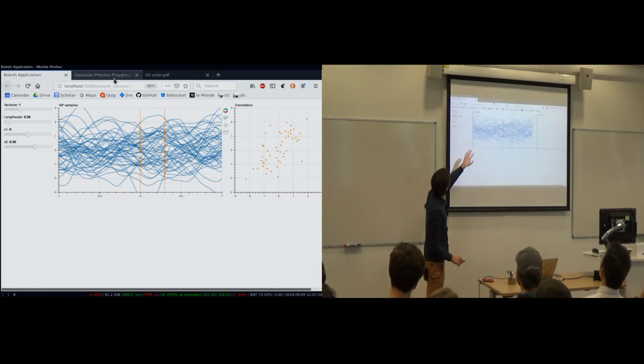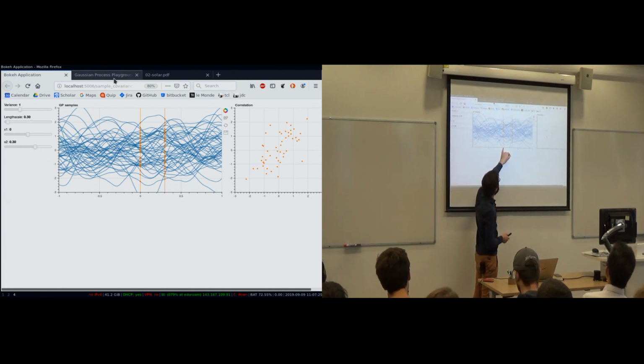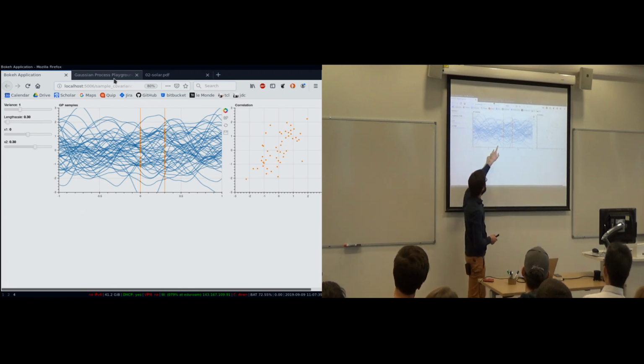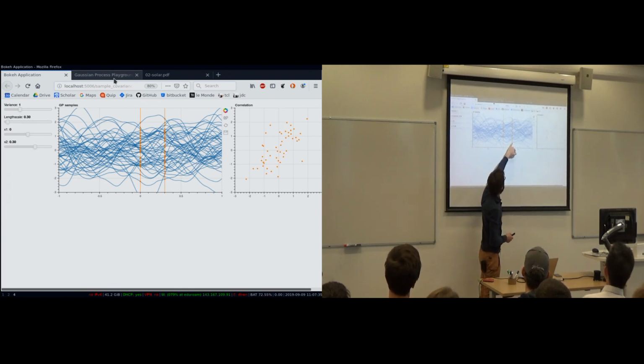So let's have a look at that. These are samples from a Gaussian process. Now if I fix a value of x1 here, a value of x2 here, and here I represent the GP evaluated at x1 and the GP evaluated at x2. For one sample, these 2 points will be 1 point over there.